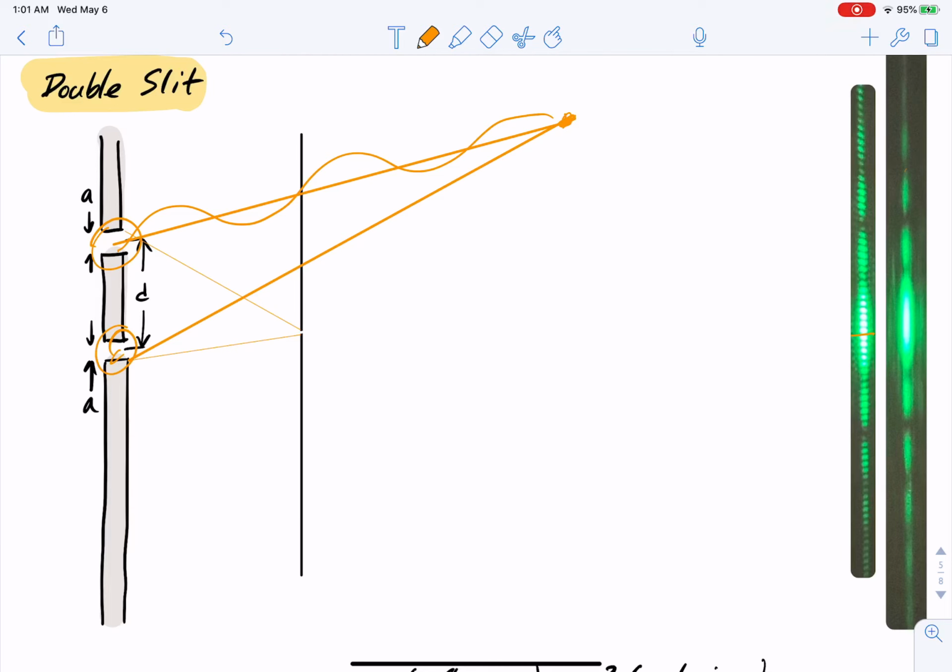This one will be doing the same thing. But they might not be telling it to increase and decrease at the same time. And these dark places, indeed, are the places where they're telling it exactly the opposite. So when one is saying you should be getting more up, the other one's saying you should get more down, and the sum of the two is 0. So that's what the interference comes from.